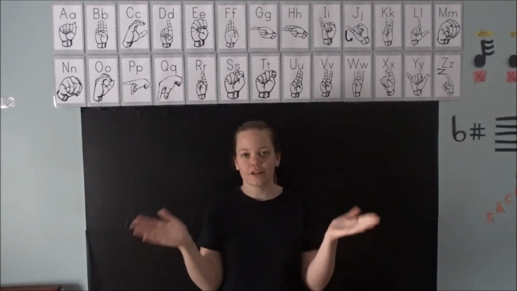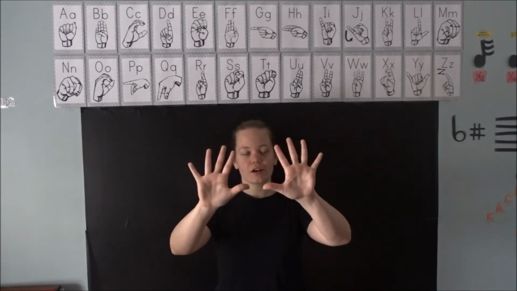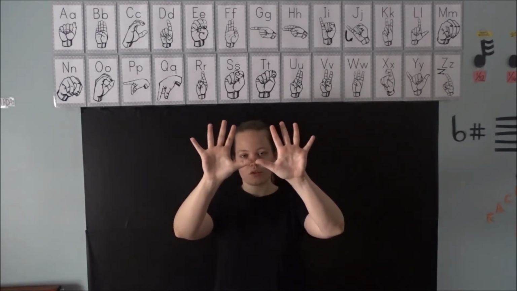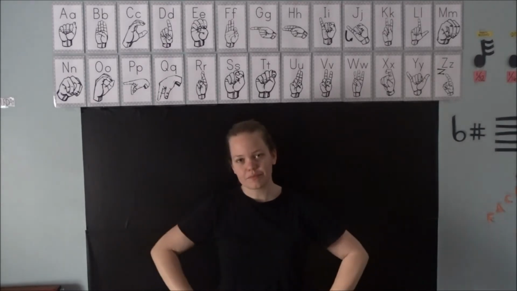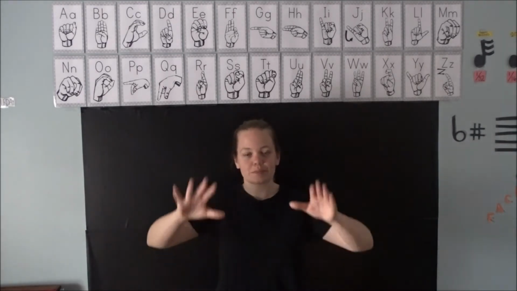Alright, the next one we are going to do is the sign for Newfoundland. This is where another large part of my family grew up as well. We are going to have our open 5 hand shape and bring our thumbs to our hip bones, and then wiggle our fingers. I'm sitting down in the video so you can't really see my waist, but that's what you typically do.